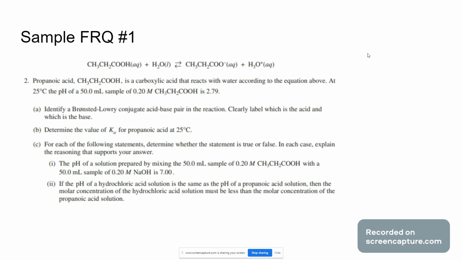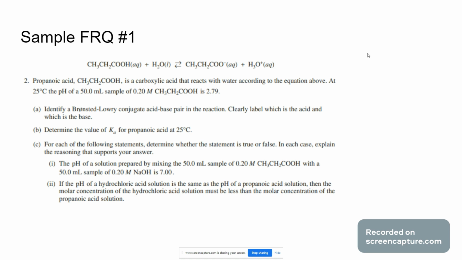Okay, so we know that propanoic acid is losing the hydrogen in this case, and it's giving it to the water. So that means that the propanoic acid is the acid, the water is the base. Clearly label which is the acid and which is the base.